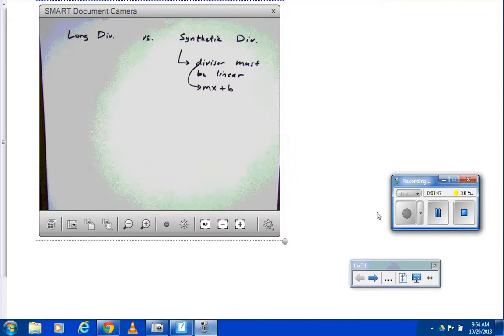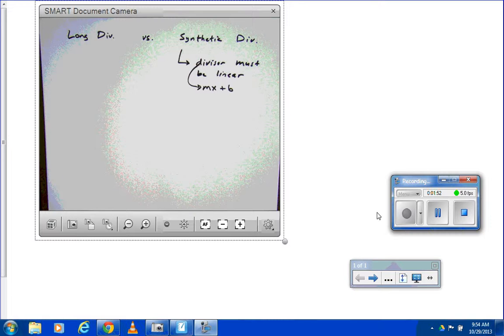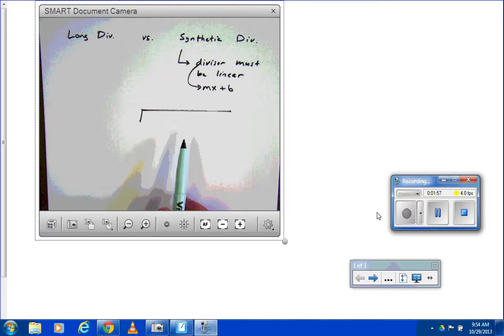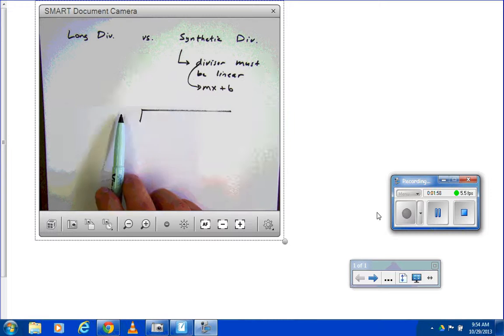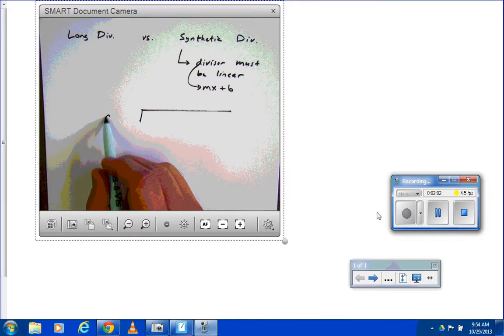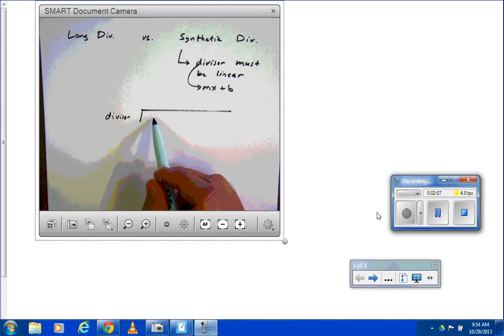Okay, so let's look at some, and let's go over this part I forgot. When I look at division, what are the terms for this? Which one is the divisor, the outside part? So this is the divisor. It goes out here. This is called, you remember this one?